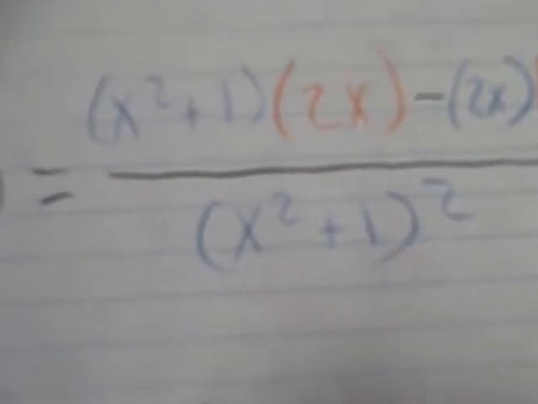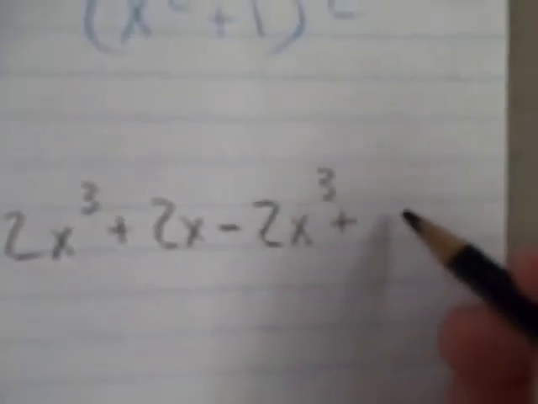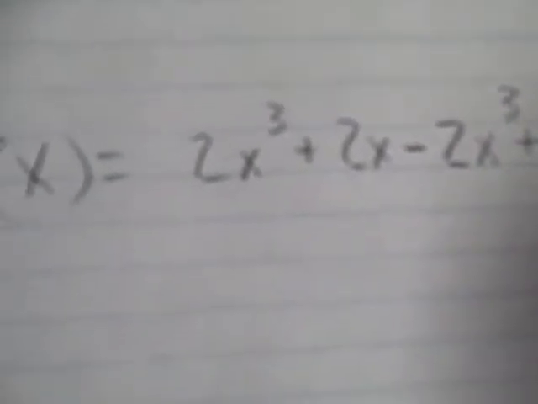Then we go to this part, and remember that minus sign, so we take that 2x to be a negative 2x. Negative 2x times x squared is negative 2x cubed, and negative 2x times negative 1 is a positive 2x.